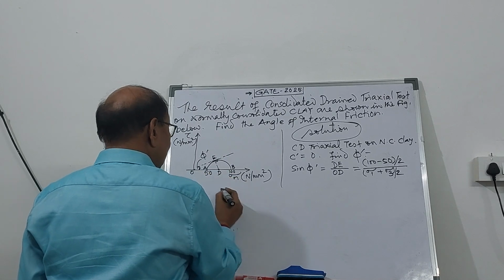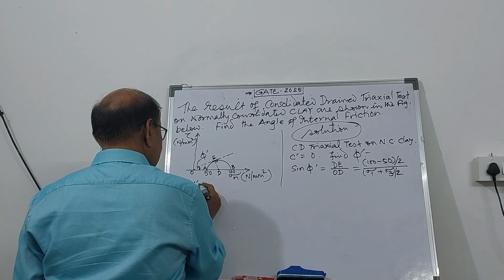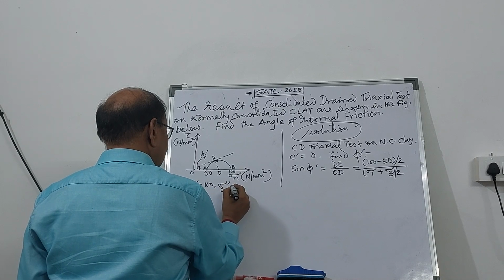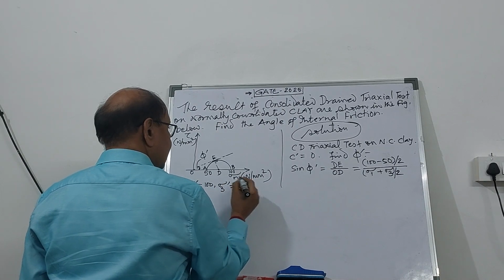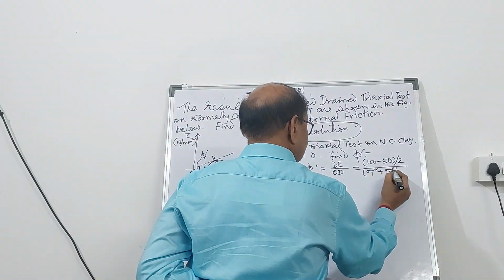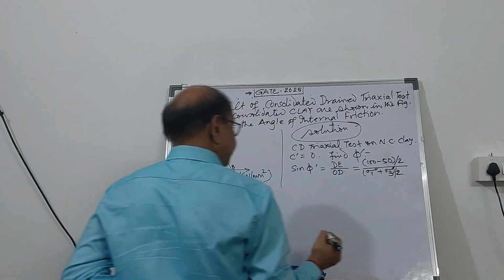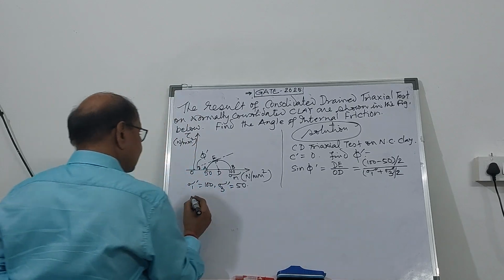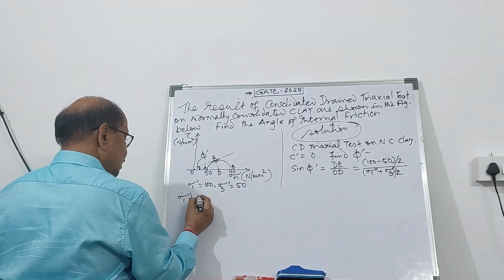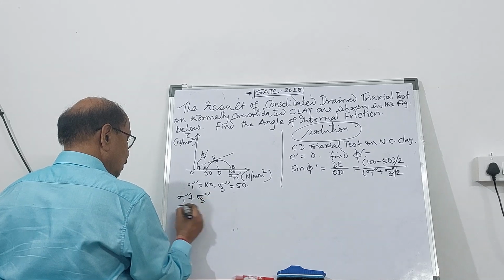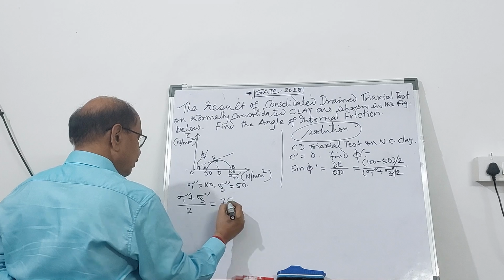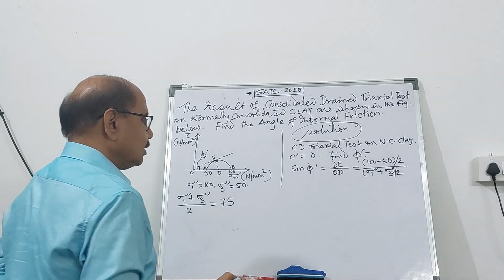The value of sigma 1 prime here is 100, sigma 3 prime is 50, therefore sigma 1 prime plus sigma 3 prime whole divided by 2 will be equal to 75 kilopascal.